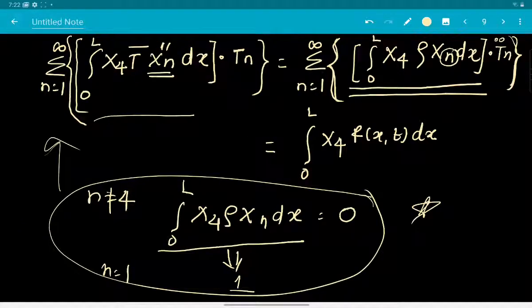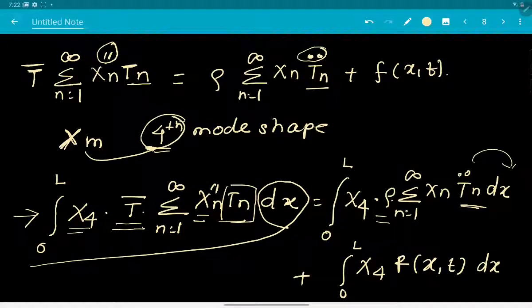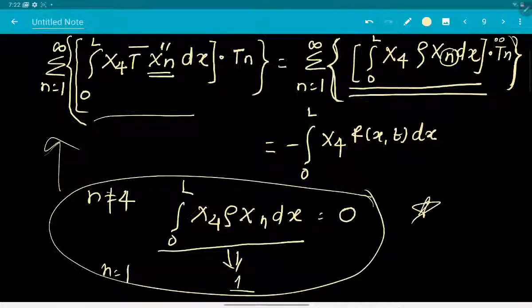This comes out to be, I guess I was right earlier, there has to be a minus sign over here. And if I do so, then I'll be able to write it in this fashion.